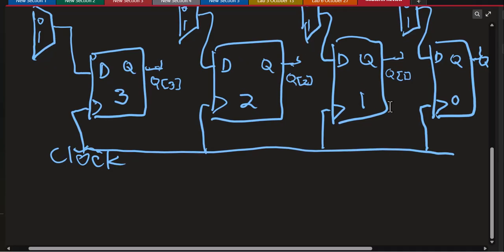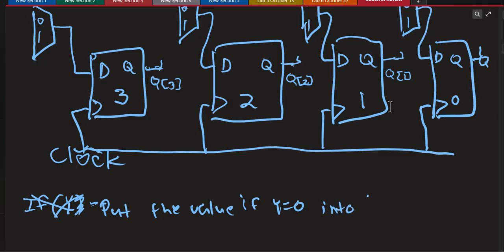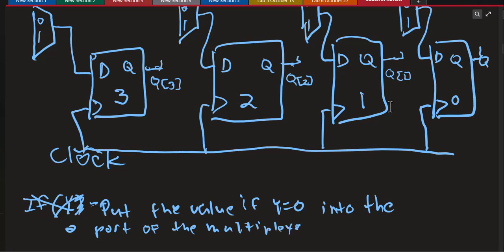And you put the value, so in this case it says y. So if y equals 0, you put the value into the 0 port of the multiplexer.